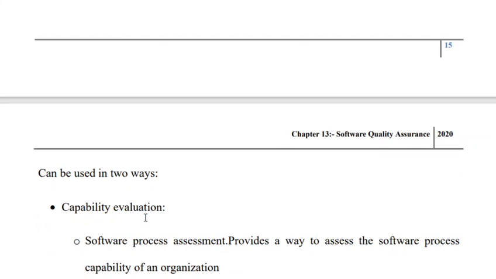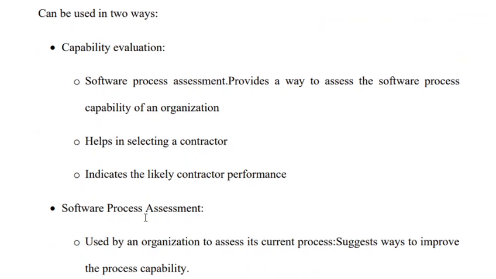Now, CMM can be used for two different purposes. One is for capability evaluation, and the second one is for software process assessment. Capability evaluation is for the purpose of the organization that is trying to float the tender. It provides a way for assessing the software process capability of an organization. It helps in selecting contractors.